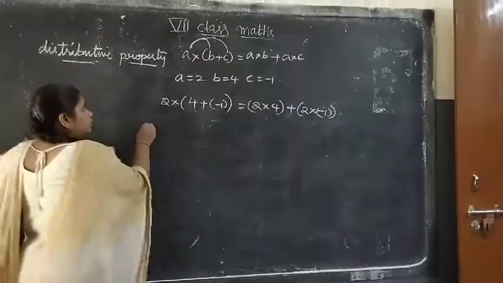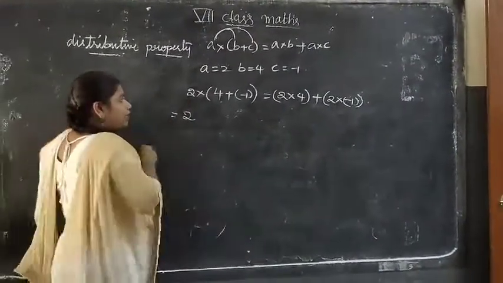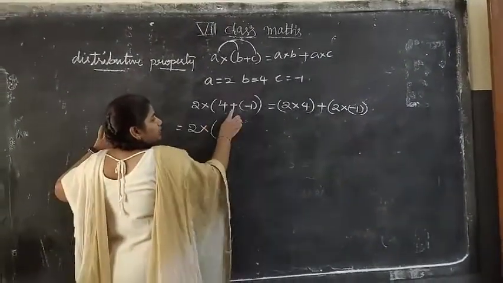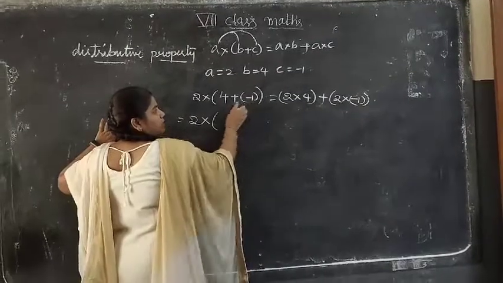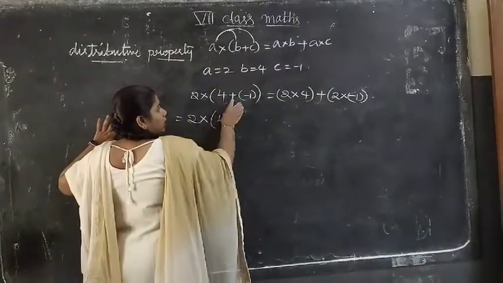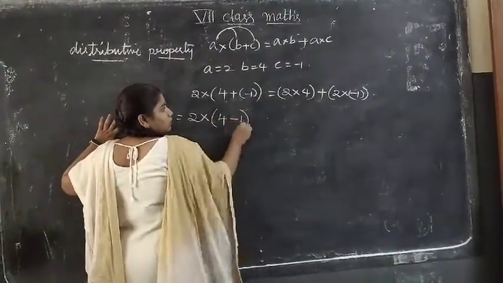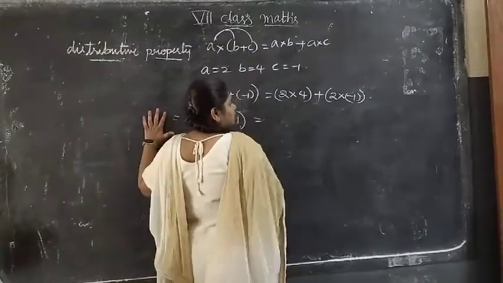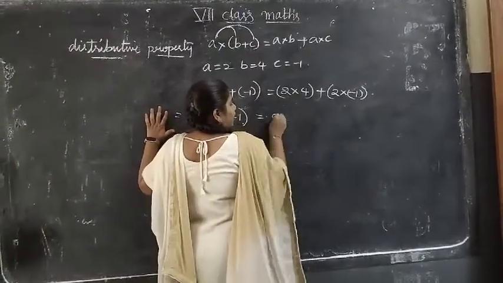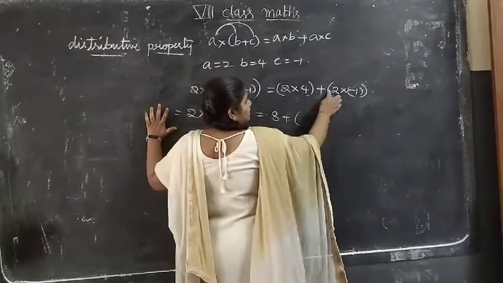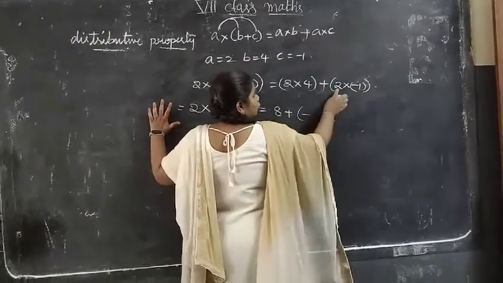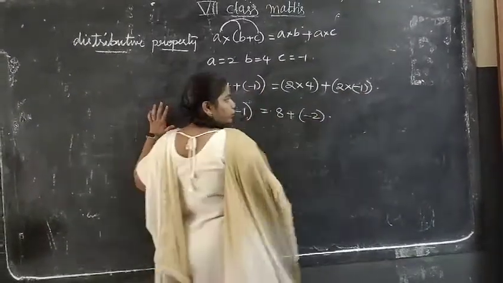Okay, now LHS part 2 into, you are seeing the double signs together, make it into single sign. 4 plus into minus is minus 1.